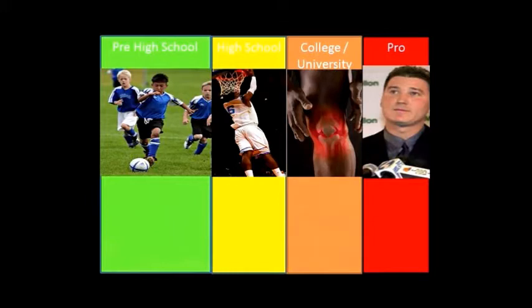Where the loads and exposures and his symptoms were way above that threshold. He was injured. But college and university and through his pro career set the stage for what happened to him as a pro. High school set that stage, but really, when was he becoming injured? Really, when did this whole process really begin?